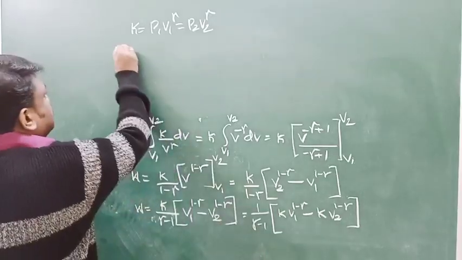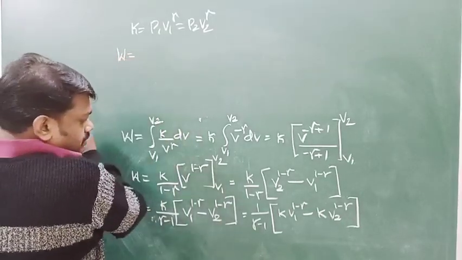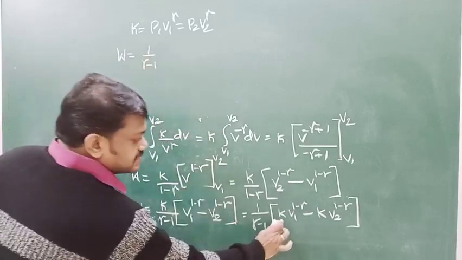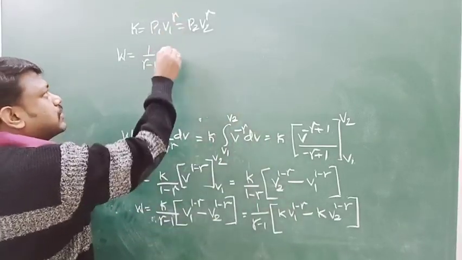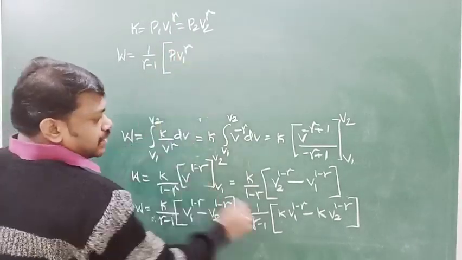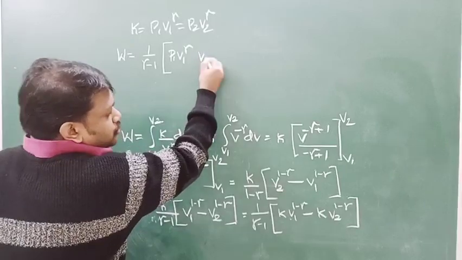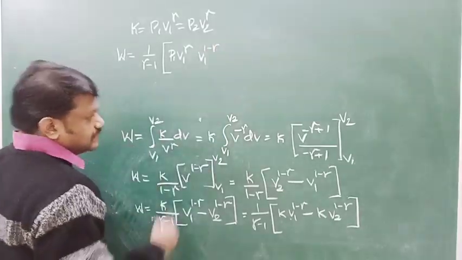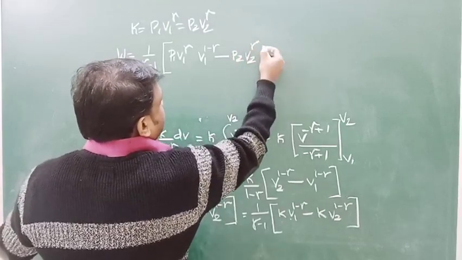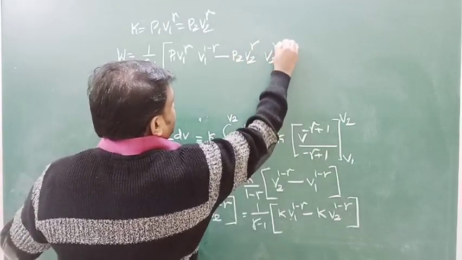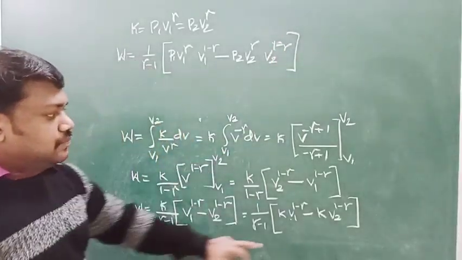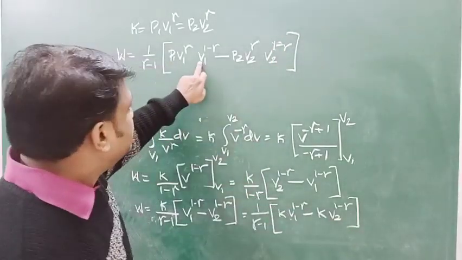No. So W is equal to 1 by gamma minus 1 into, replacing K by P1 V1 power gamma, P1 V1 power gamma into V1 power 1 minus gamma, minus P2 V2 power gamma into V2 power 1 minus gamma. V2 power 1 minus gamma is already there, V1 power 1 minus gamma is already there.